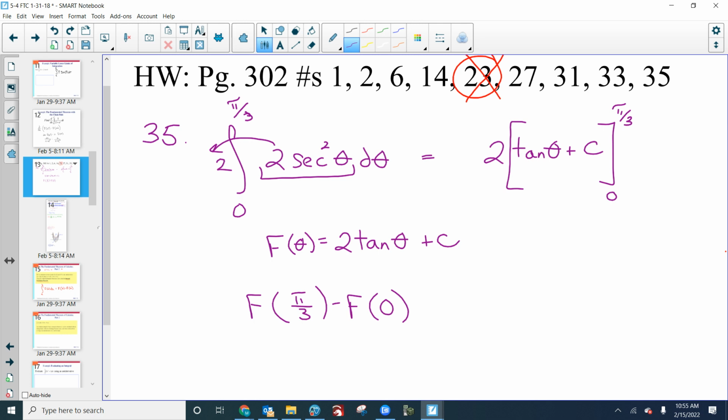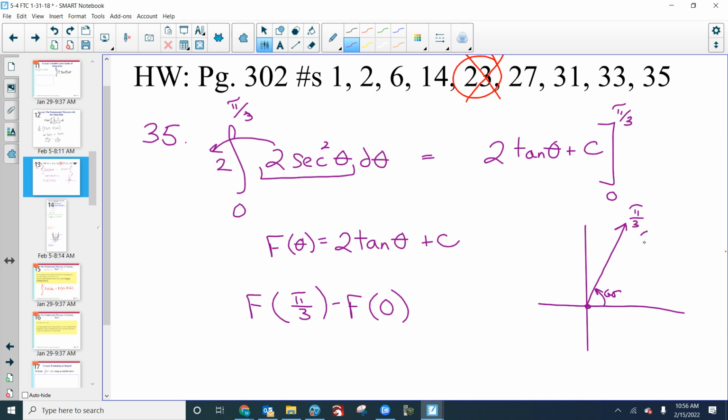It's up here. Okay? So for our unit circle, I'm going to take the time to do this because some of you have told me you're still struggling with the unit circle. This is a 60-degree reference angle, which is pi over 3.